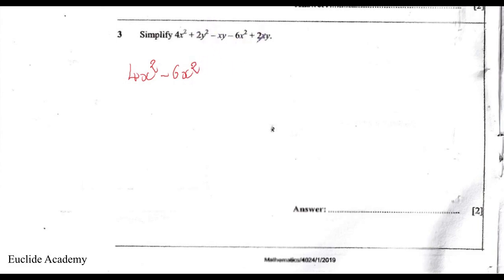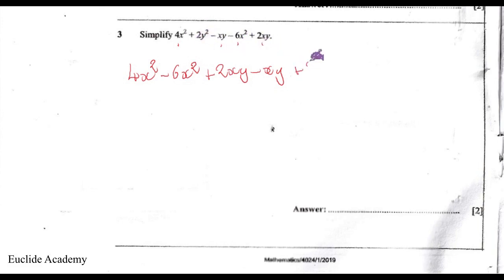We don't have another y squared, but I can see we have an xy here and an xy there. I'll begin with the positive one, so positive 2xy minus xy, and then what do I remain with? I've handled these terms, so I just remain with the 2y squared, which I'll put at the end.